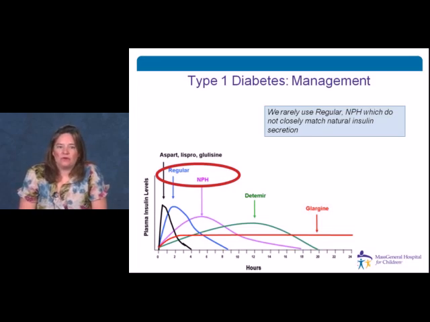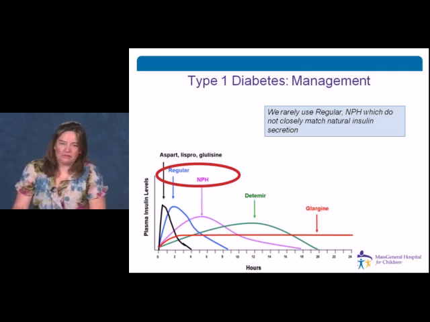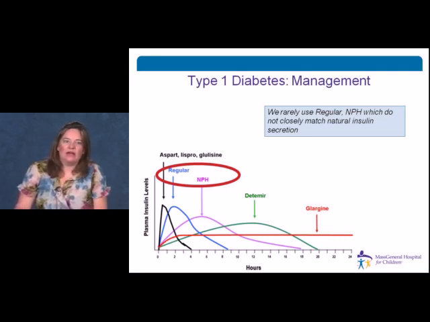So just to show you the pharmacokinetics of these different insulins, the older insulins, which many of you are familiar with, were very popular through the 80s and 90s and still are being used in some regimens in some places. They are regular and NPH, but they're fast becoming extinct because they really don't match what the newer insulins can do, and they don't match what insulin does physiologically.